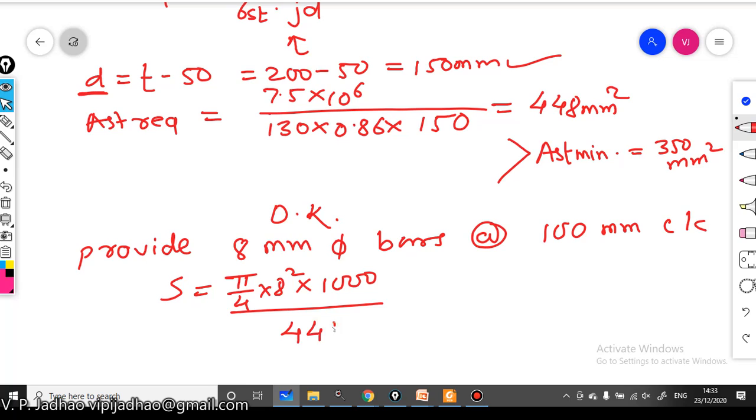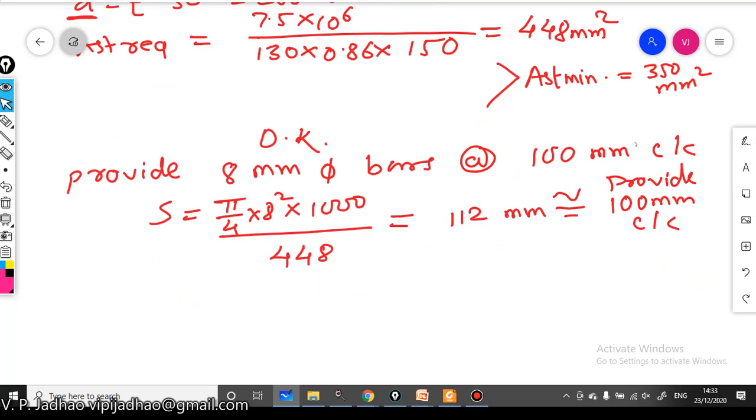AST provided is 448, so this is equal to 112 mm. Approximately we will be providing 100 mm center to center. So this much steel will be required. This will be the vertical steel. The earlier steel which we calculated will be provided as hoops.